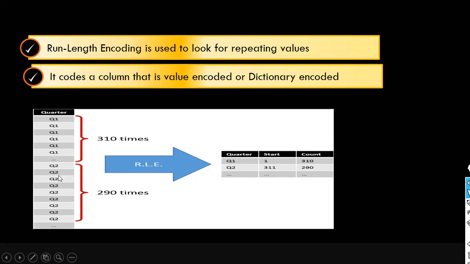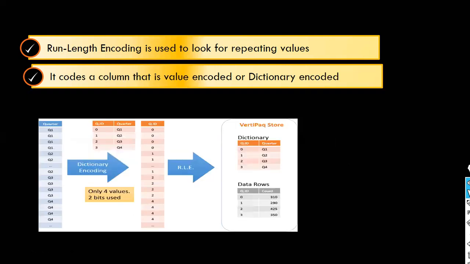Simply put Q1 and Q2 in the table: Q1 starts with the first record and the values repeat till the 310th record, so start and count. Q2 starts from the 311th place and goes up to 290 times. This is what you call run length encoding.